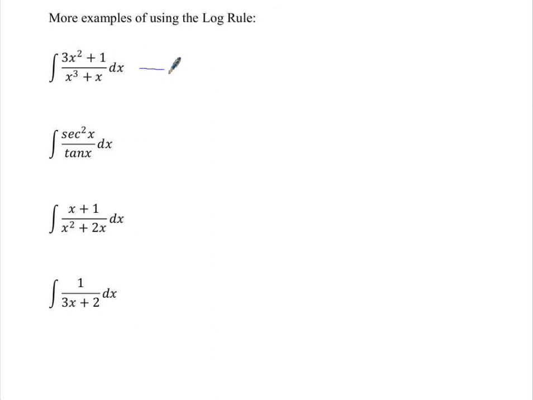So, do I need to include absolute value on that? Yes, I do. Because if I cube something, that doesn't take away the negative. Plus I have this plus x sitting here. So if we had a negative number, we could wind up negative, and that's not good.